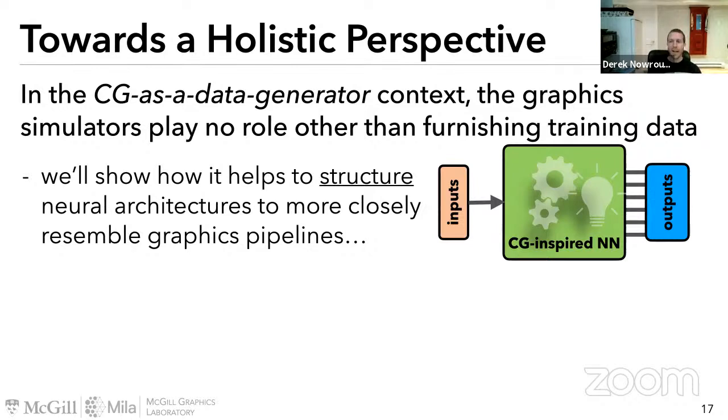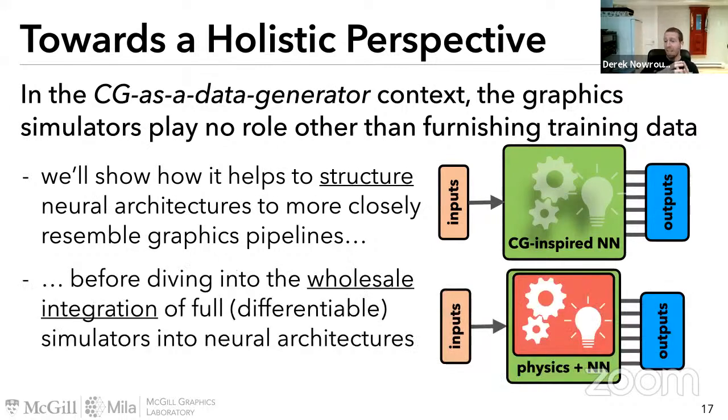And the first is I'm going to show that if your neural network has some kind of structure that's, let's say, inspired by the process that we see in the computer graphics pipeline, that already serves to help bridge this sample inefficiency and generalization problem. And that gets us to the point where we can start asking questions of, well, instead of mimicking the graphics simulation pipeline in a neural network, why don't I just put the actual simulation in the neural network? And how do I do that?